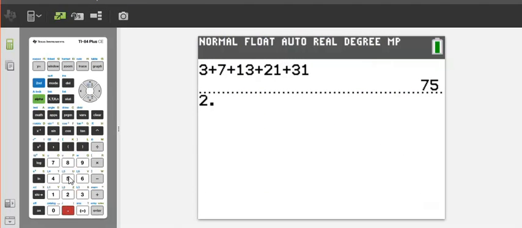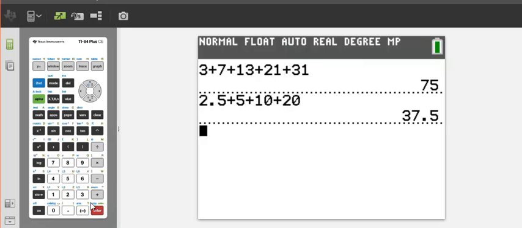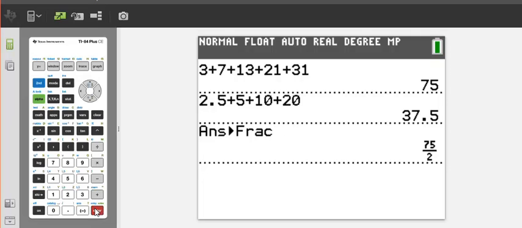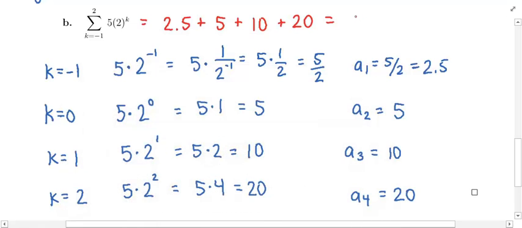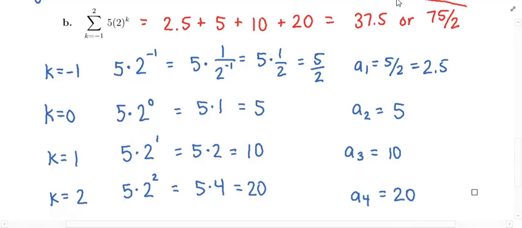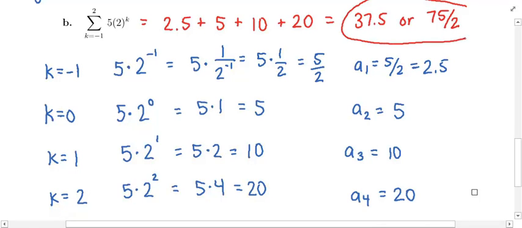So I'm going to have 2.5 plus 5 plus 10 plus 20. So we will get 37.5. You can do math option 1 to convert it to a fraction. Either answer is correct, 37.5 or 75 over 2. That's the number that this series converges to.